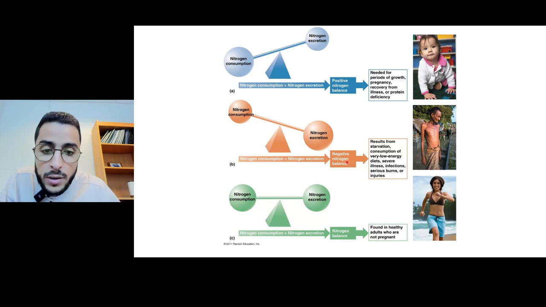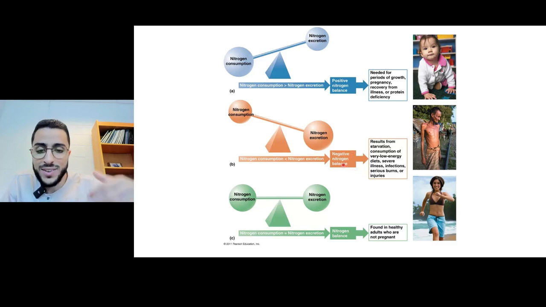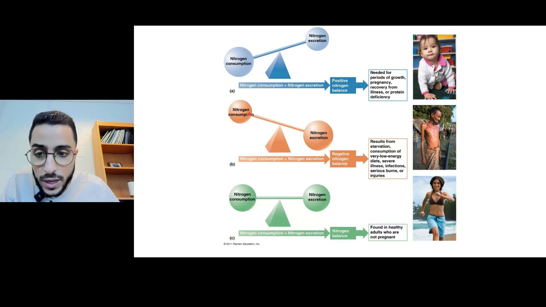If you are in a starvation mode, or if you are not eating, then your body will have a negative nitrogen balance. Why? Because you're not consuming enough nitrogen and you are excreting a lot. Now, if you're not consuming a lot of nitrogen, how can you excrete more than you consume?